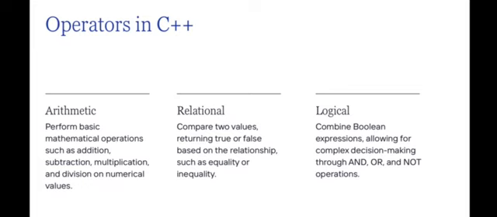For instance, if we write if a > b && b > 0, we are checking two relational conditions together using a logical operator. Operators make programs dynamic and intelligent by enabling complex expressions and decisions.